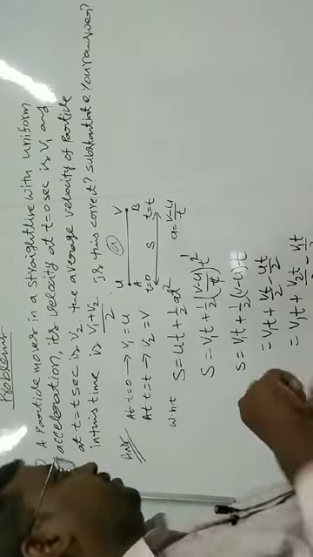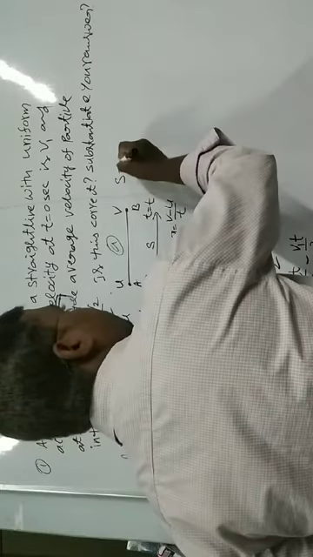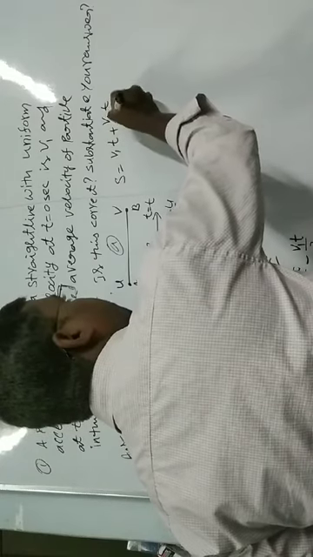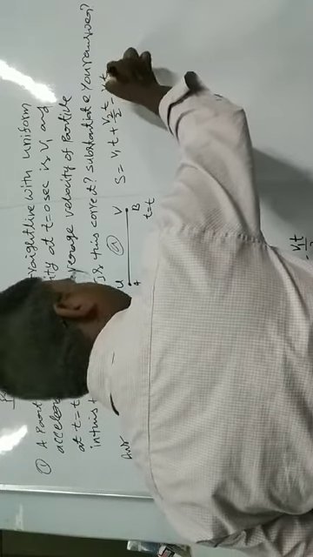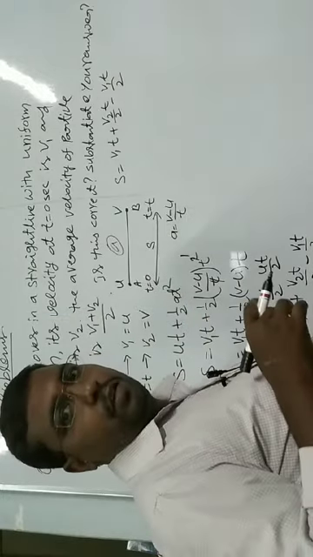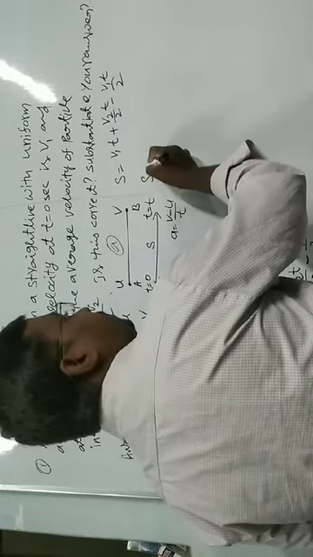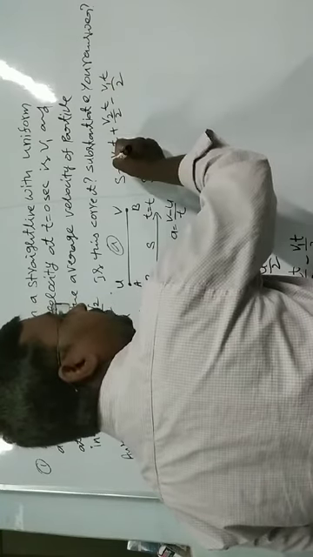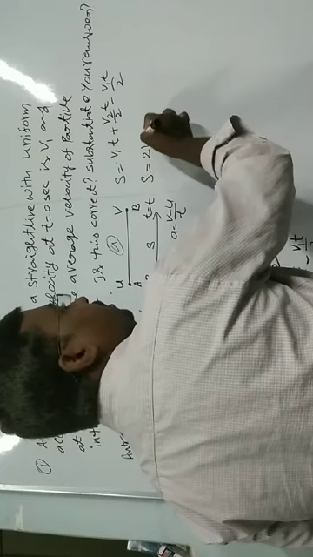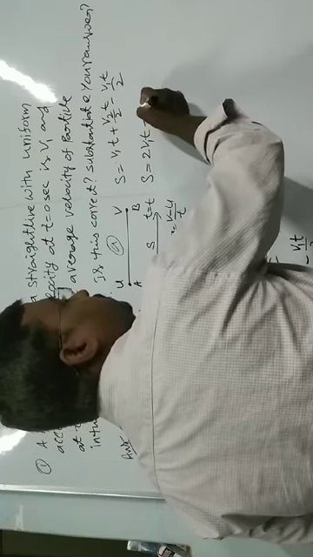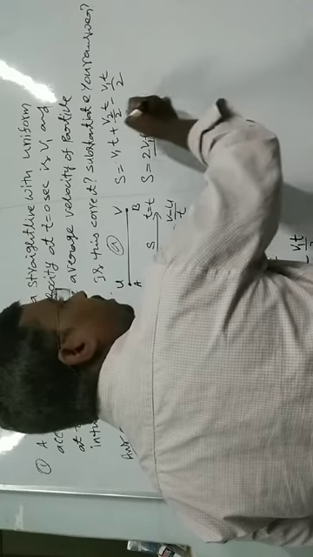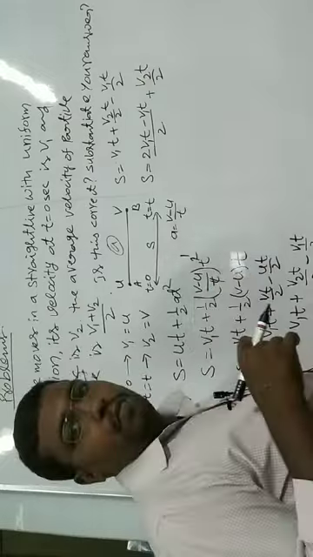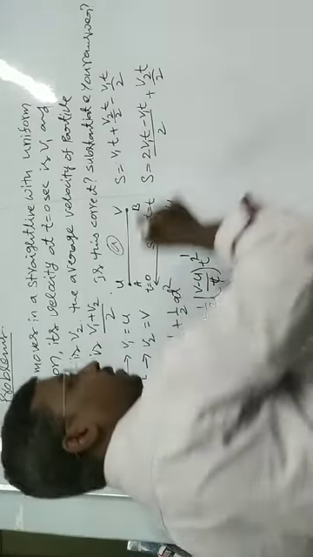Now we write this as v1t plus v2t by 2 minus v1t by 2. So we write v1t, multiply by 2 to get 2v1t, minus v1t by 2, and the remaining plus v2t by 2.